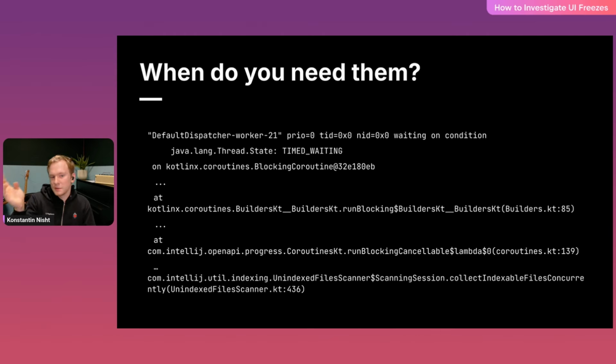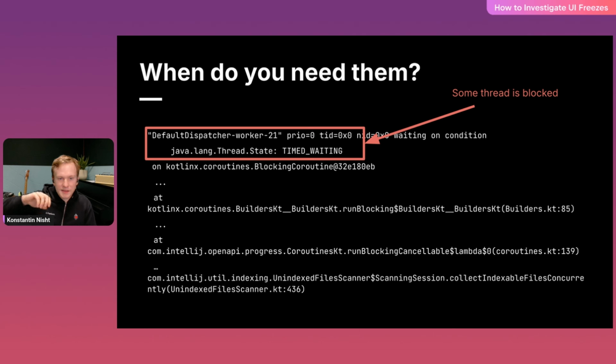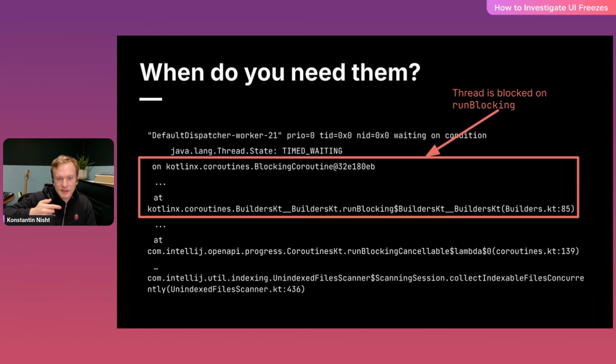That's an example from the same thread dump I used before, but that's a part of the coroutine dumps. Oh wait, no, not really. That's actually a thread. We'll come to coroutines later. So that's some other thread from that dump. We see again that this is a background thread, and it is blocked. One interesting thing here is that it is blocked on run blocking.